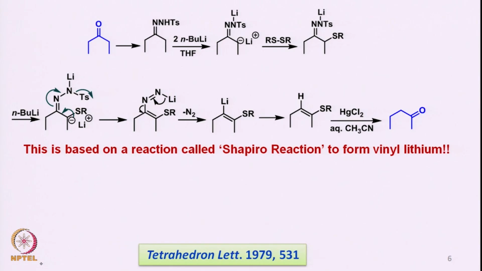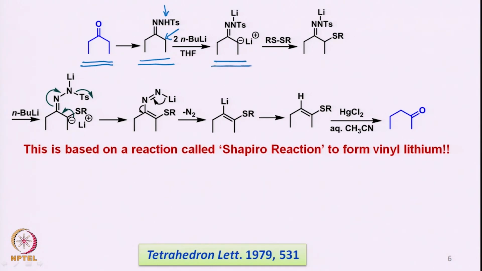One of the earlier methods was that one takes this carbonyl group, for example 3-pentanone, converts it into the tosyl hydrazone like this and treats it with 2 equivalents of butyl lithium. You will first deprotonate the hydrogen attached to the nitrogen, and then deprotonate the hydrogen at the alpha position with the second butyl lithium.